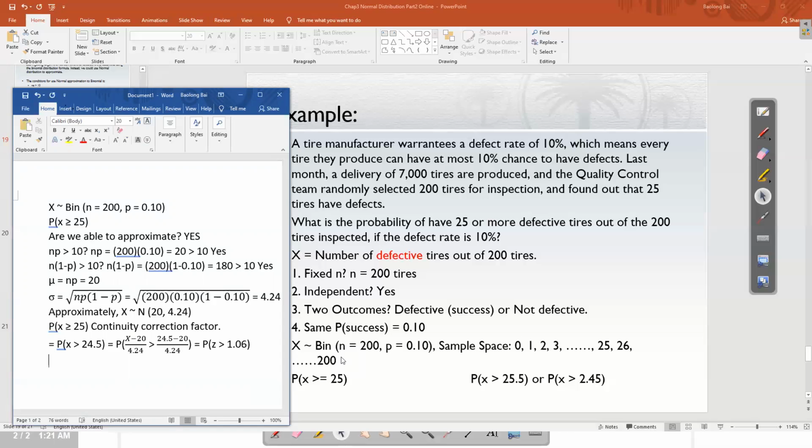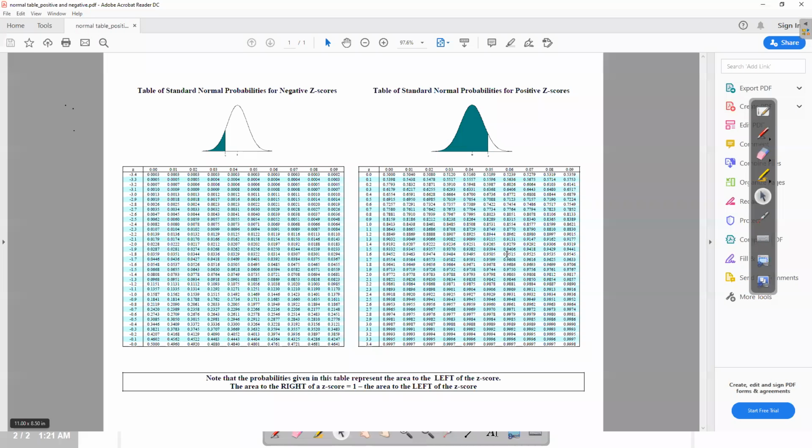And then this is a z event. We can look up in the z table, but when you have a greater than sign, you need to convert it to be smaller than sign, right? So then we can look up in the z table, which is smaller than sign. A z score is 1.06. So we'll go to the z table, find 1.06. 1.0 is here, 0.06 is here.